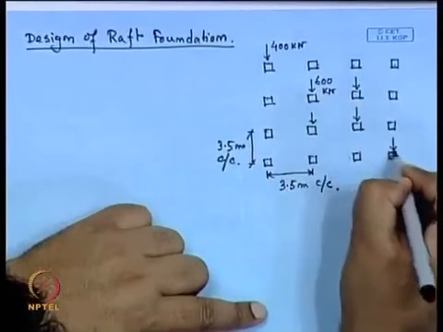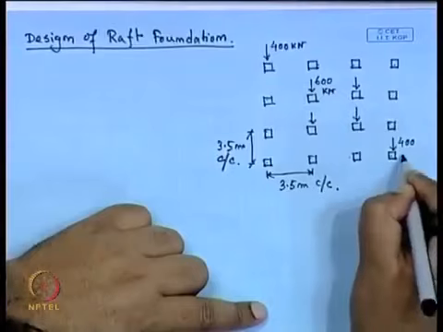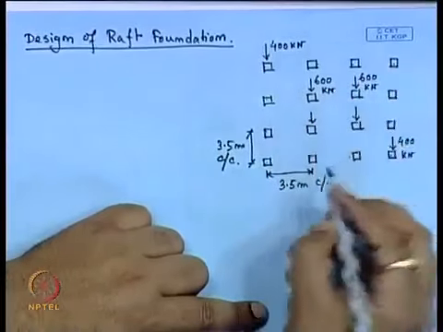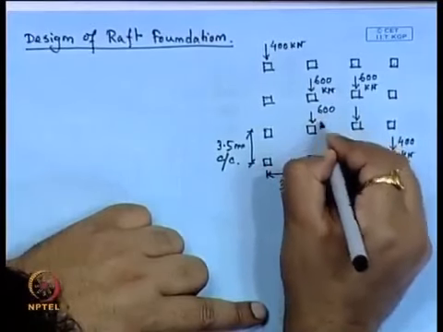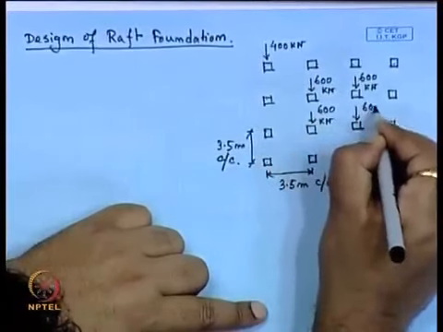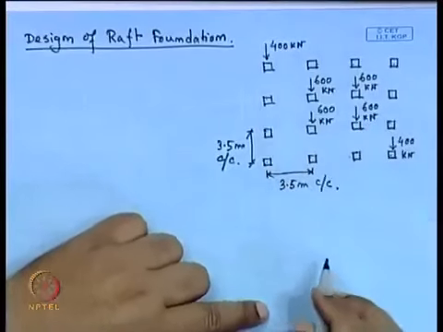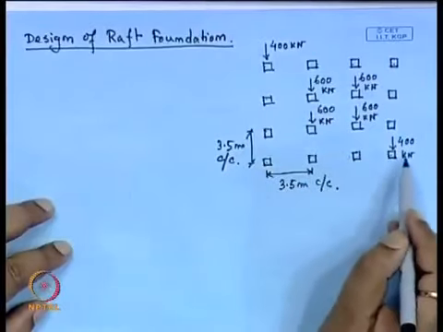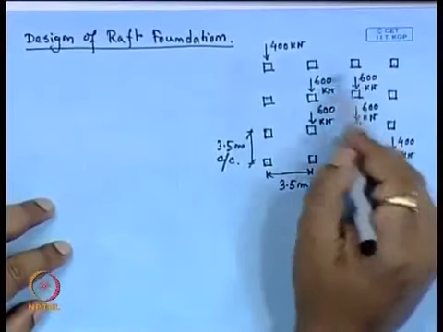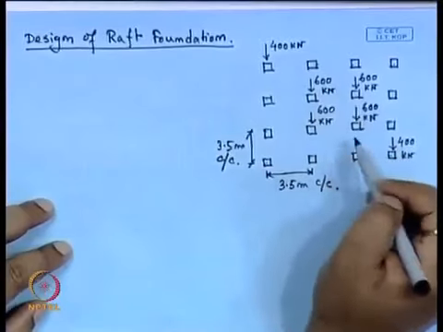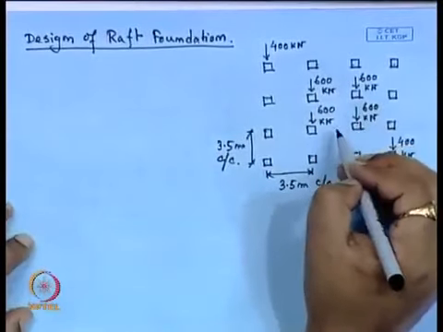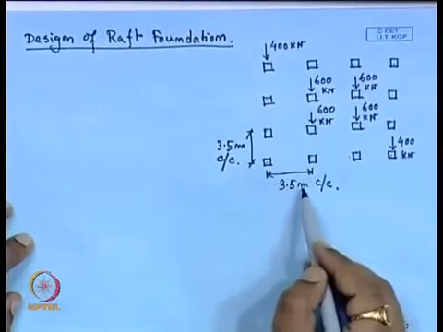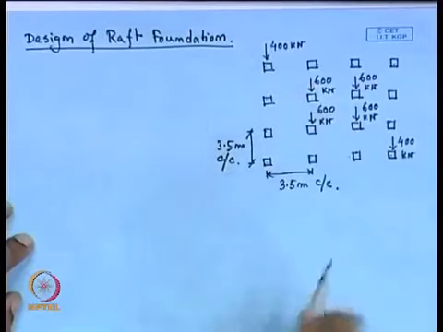So, the 12 outside columns are each subjected to 400 kilonewton load, and the 4 internal columns are each subjected to 600 kilonewton load, and the center to center distance of the columns is 3.5 meter in both the y and x directions.